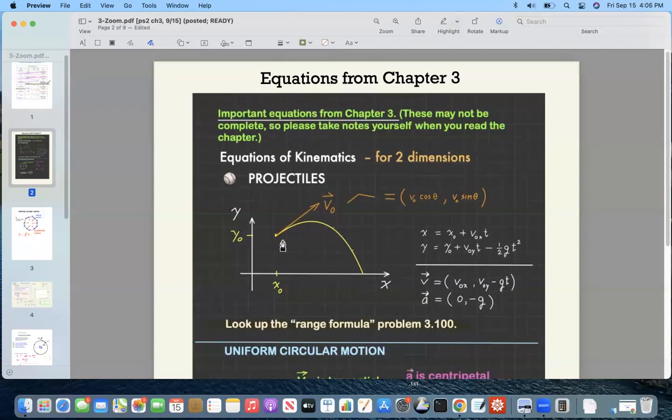So the projectile is moving faster in the downward direction. But it may be moving upward, it may be moving downward. You know, velocity is a vector, so the components of velocity can be positive or negative.